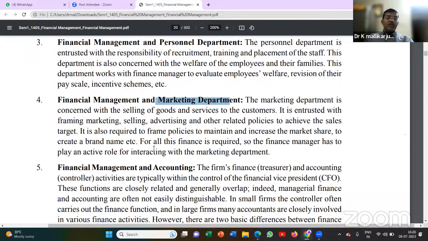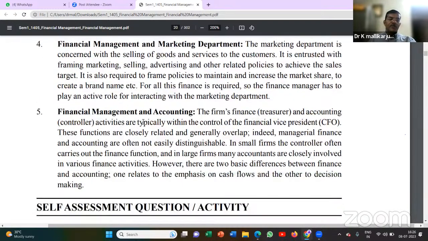The marketing department is concerned with selling goods and services to customers: how sales can be increased, how much to spend on advertising, whether the company gives any discounts, rebates, or one plus one offers, or goes for appointing a brand ambassador. The marketing department and the finance department put together take these decisions.